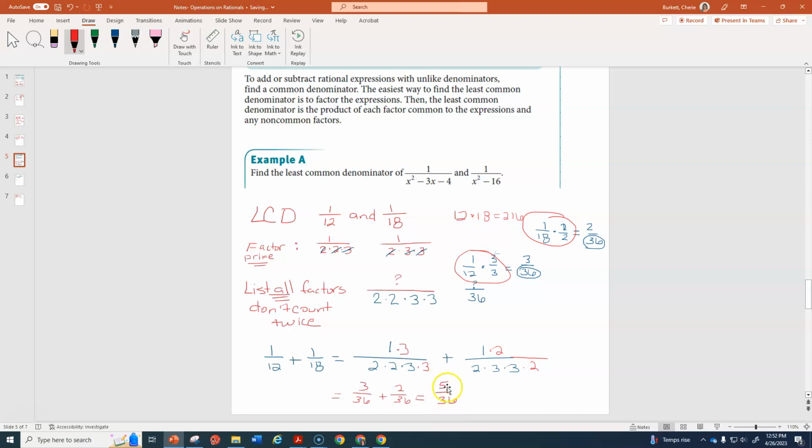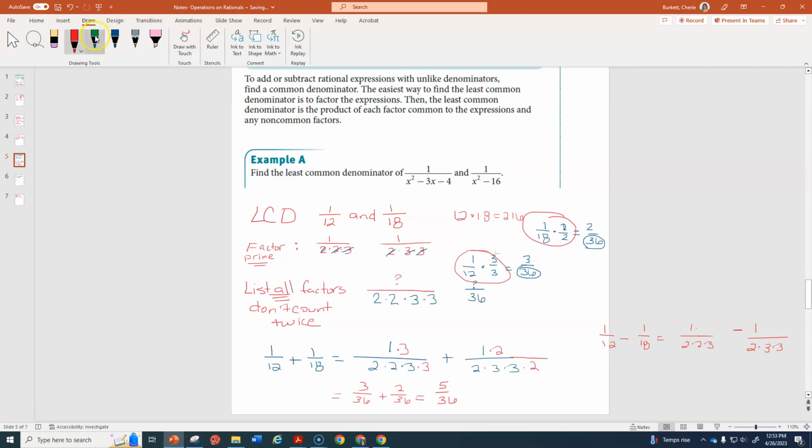And then, of course, in the end we check to make sure that nothing will reduce, and it doesn't in this case because 5 is a prime number and 36 does not have a factor of 5 in it. And the only thing that would be different if this had been a subtraction problem, nothing would have been different except at the end when we went to combine them, it'd be 1 over 2 times 2 times 3 minus 1 over 2 times 3 times 3.